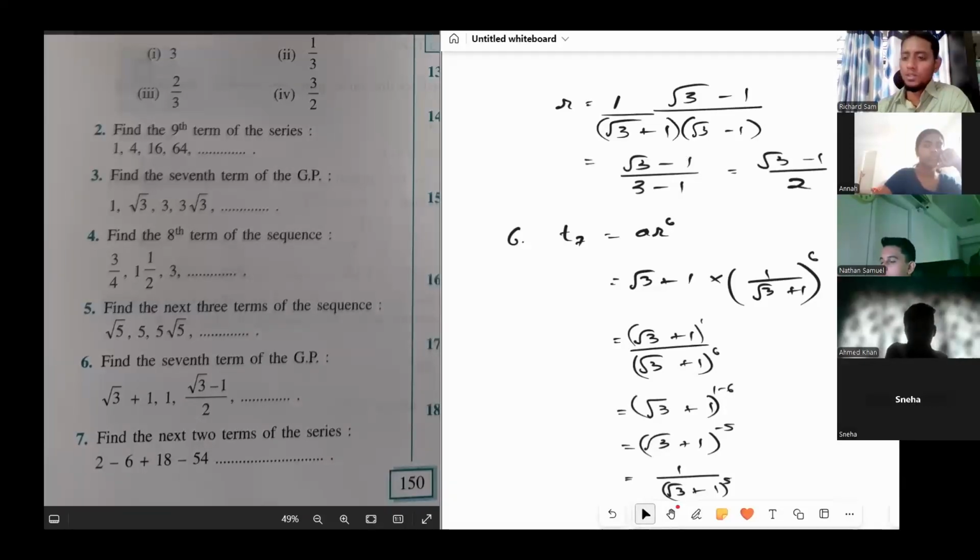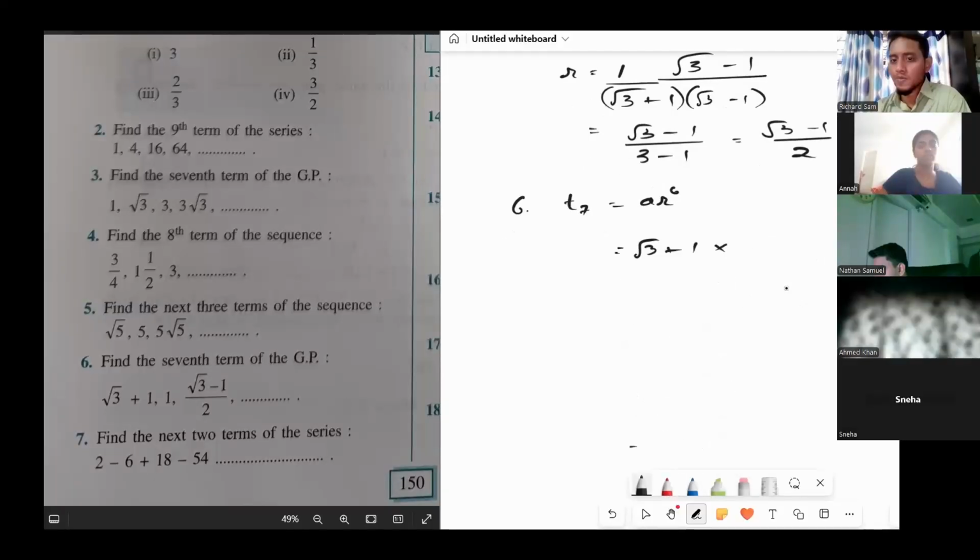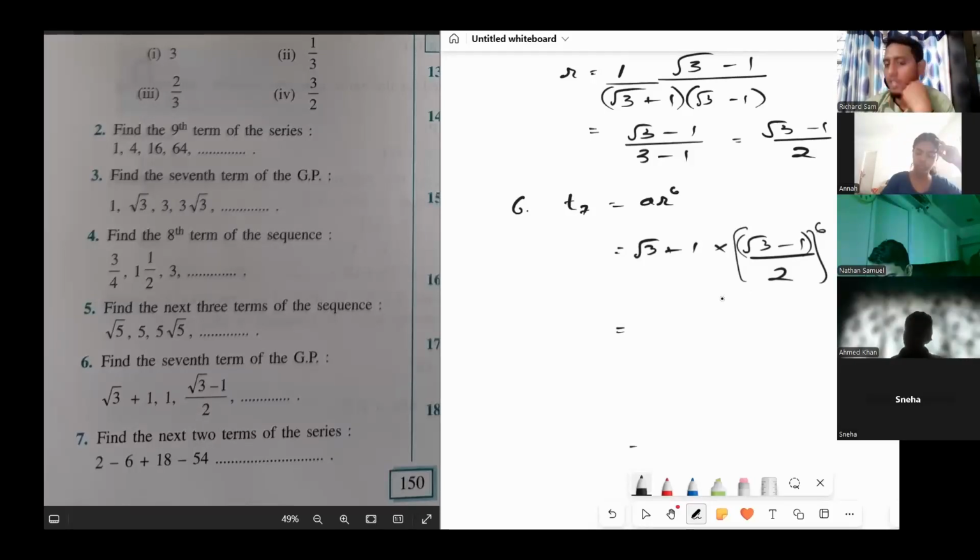So that is the value you take for R. This is A into R, root 3 minus 1 upon 2, so then whole raised to 6. Here, root 3 minus 1, there are 6 of them.